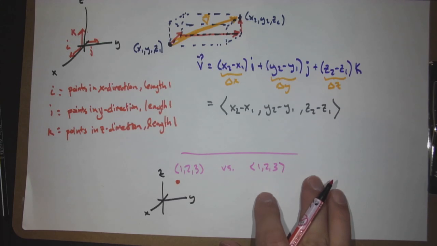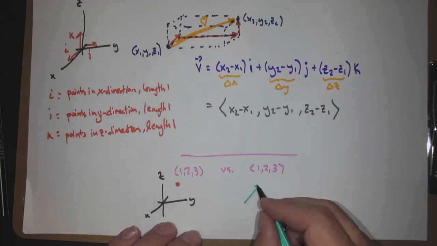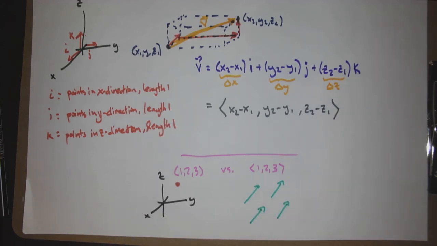On the other hand, what does the vector ⟨1, 2, 3⟩ look like? Well, it's anything where you change 1 in the x direction, 2 in the y direction, and 3 in the z direction. So it could be anywhere. It can happen in all sorts of places. All of these are the vector ⟨1, 2, 3⟩. Now, I will point out one thing very useful, and we will from time to time take advantage.